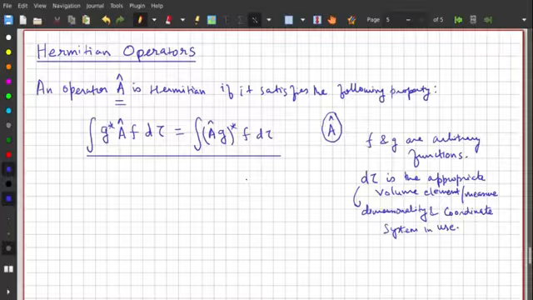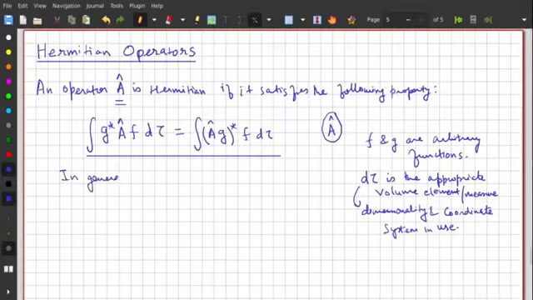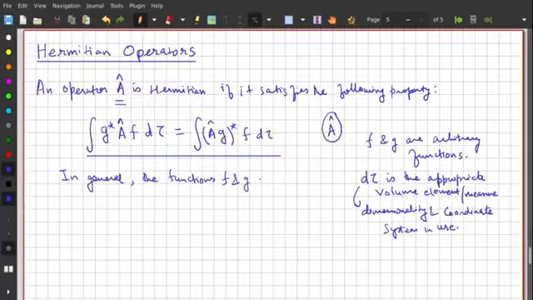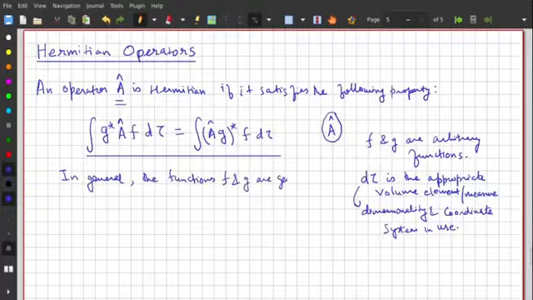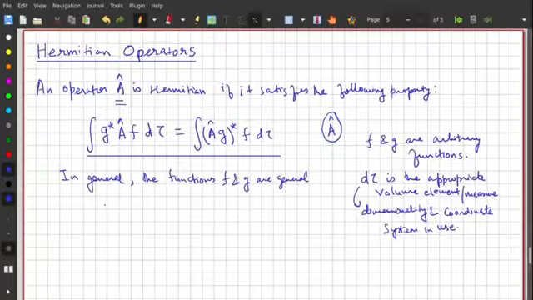Okay, so that's the generic identity that a Hermitian operator should satisfy. Remember here, in general, the functions f and g are general and could be complex functions.